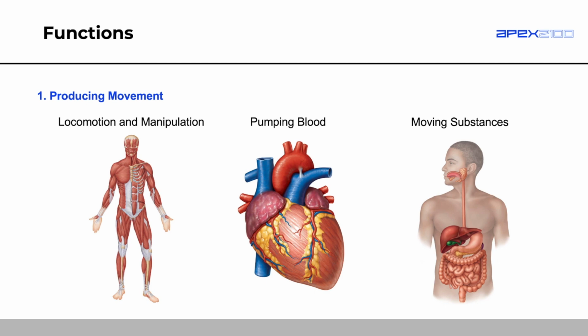The muscle within our heart pumps blood, so it produces movement via pumping the blood around our body so that we can get the oxygen that we need from the blood to our cells to produce energy. And then we have muscle in the digestive system as well through our intestines and stomach that helps to move the food down the digestive system until it gets to the end where it is waste.